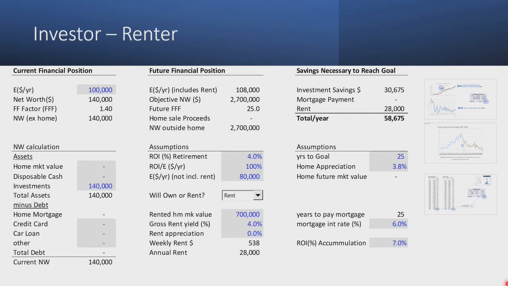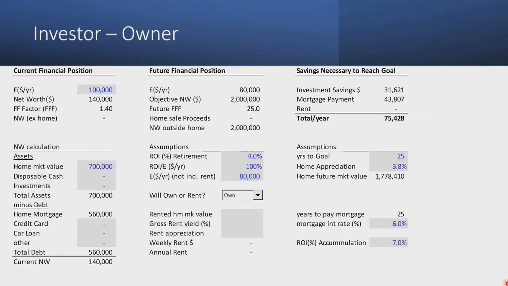So now let's see another example. This is an investor owner, a person who, with $140,000 of net worth to pay the down payment for a house of $700,000, will opt to be a homeowner. That's perfectly fine to use as a path to your financial goal.